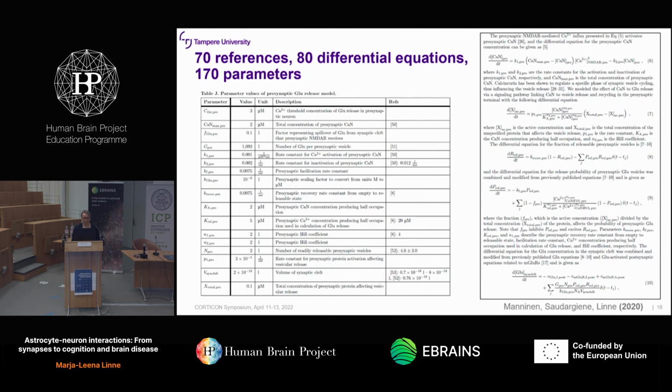And then we integrated the model, and to our big surprise, with these validated model components, we only needed to fix a few parameters in the presynaptic terminal in order to be able to start working with the full model. And I guess this shows the value of previous work and this very detailed fitting based on data. So there are really good models already available that can be used in this kind of studies.